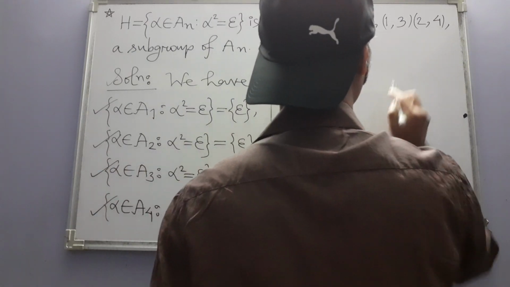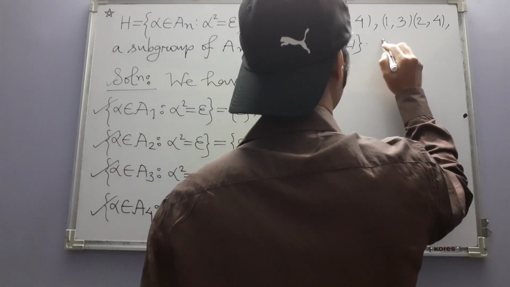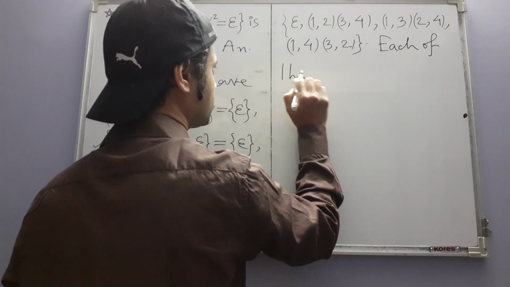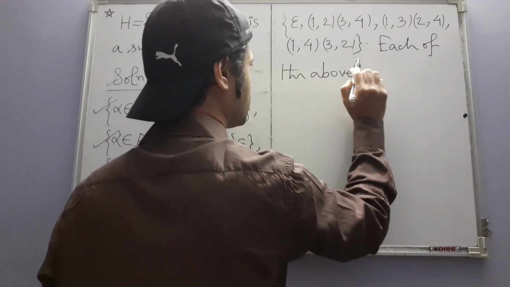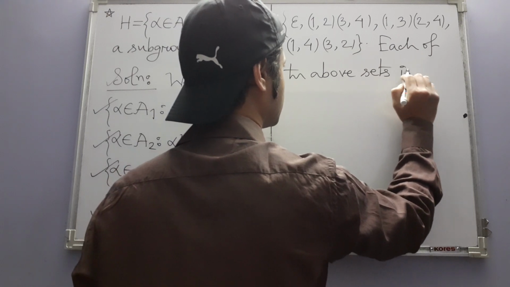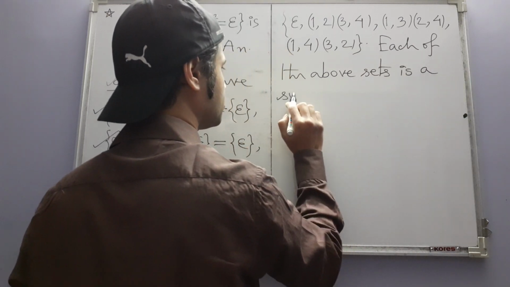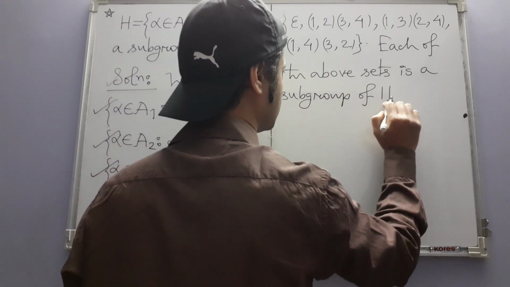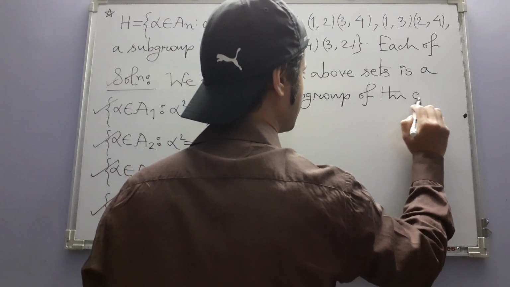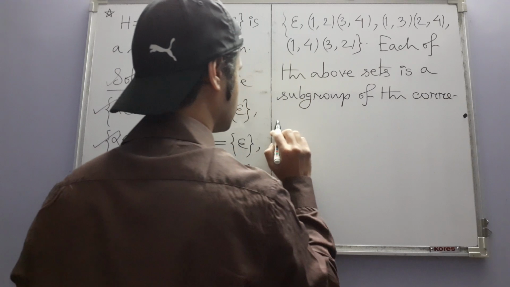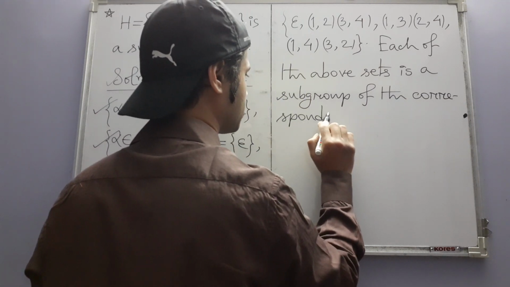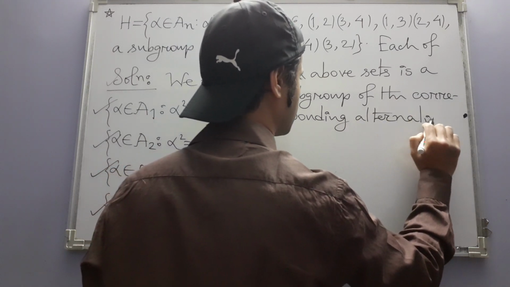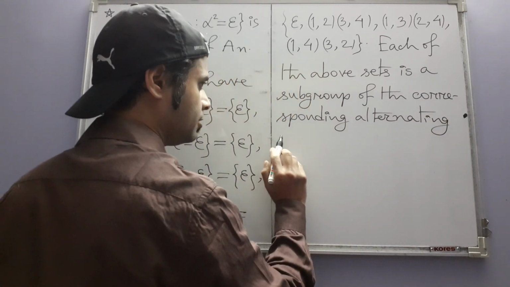But we just simply write like this: each of the above sets is a subgroup of the corresponding alternating group.